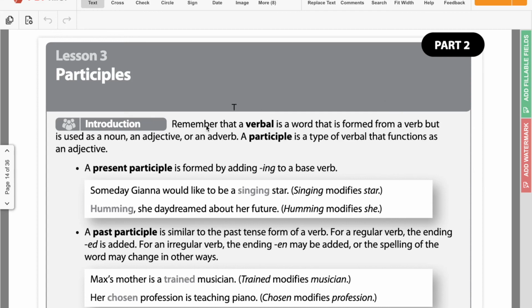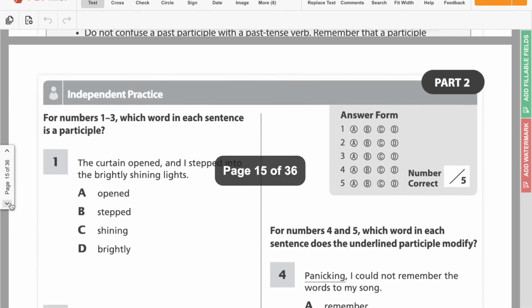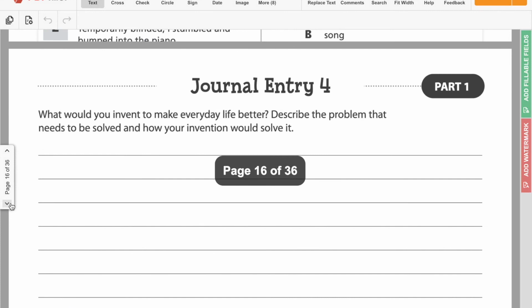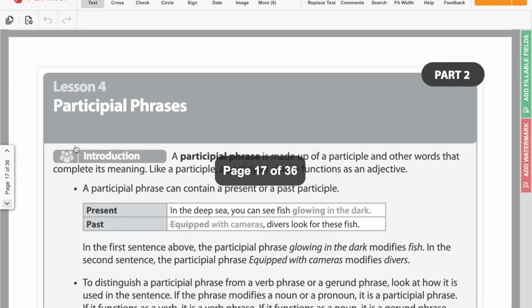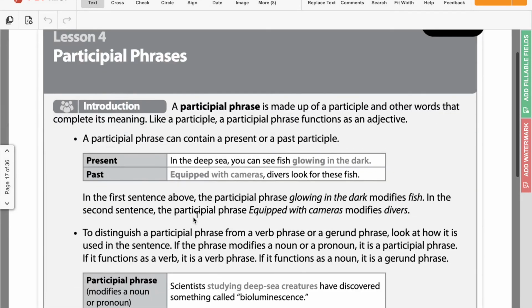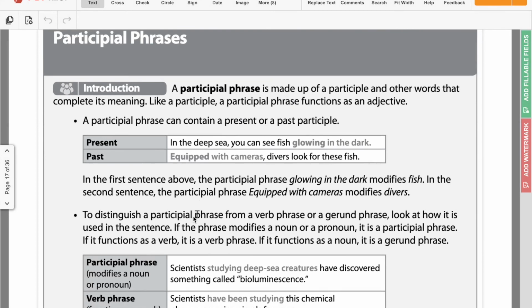So the participle is the one that functions as an adjective. So if we go back here and look at participle phrases, this is just taking that word that functions as an adjective. It's usually a verb, but functions as an adjective, ends in ing, ed, or en.